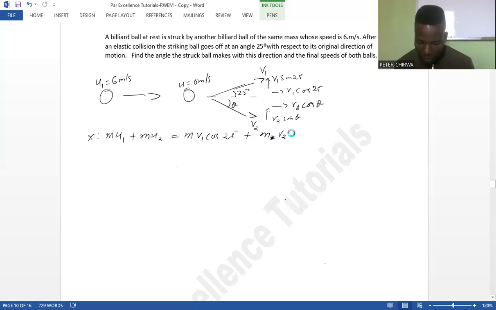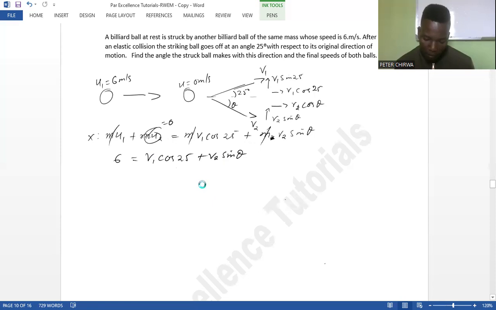Because the masses are identical, the m gets cancelled, and u1 is 6. This one was at rest, so this is 0. So we have that being equal to v1 cos 25 plus v2 cos theta.